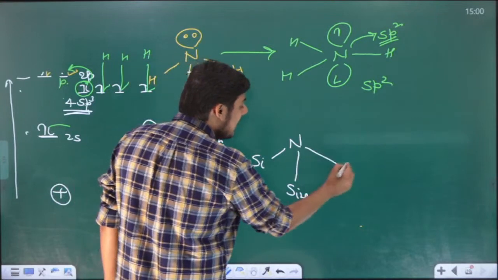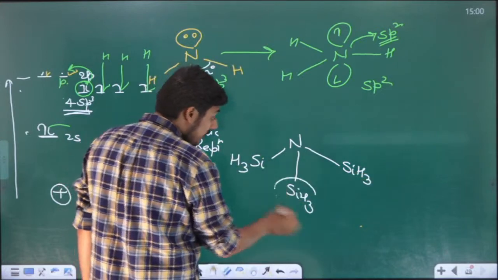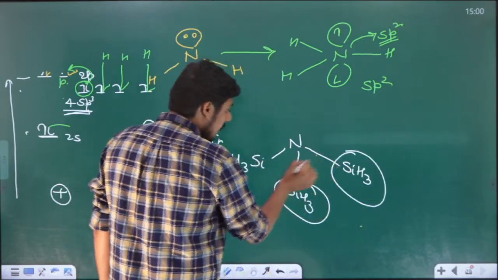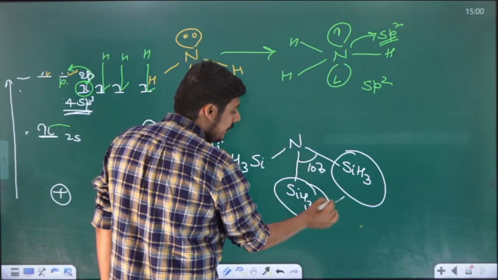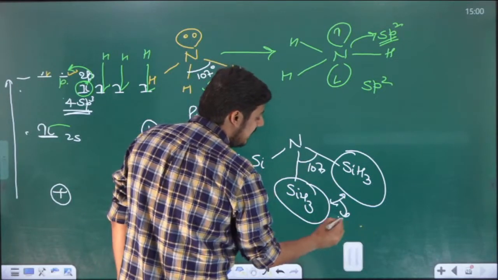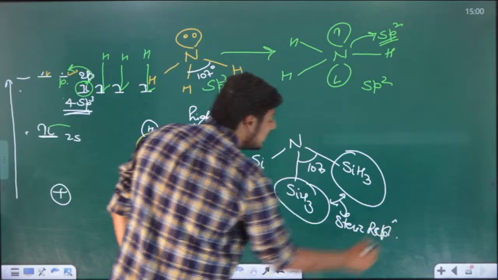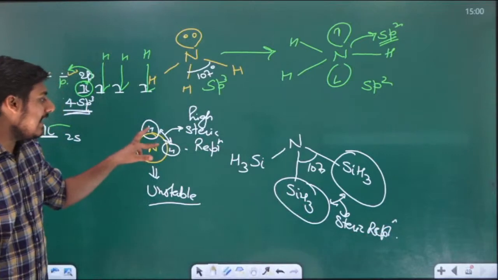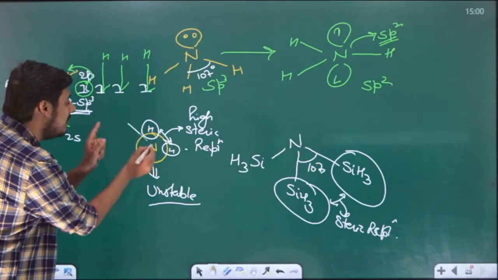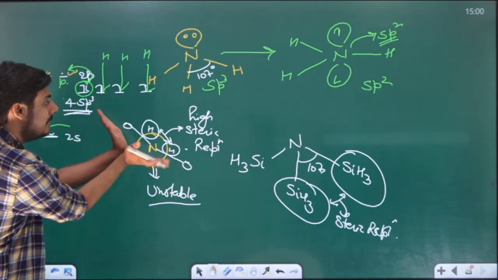When such a big surrounding group comes, this 107-degree angle will not be capable of reducing the steric repulsion. Here steric repulsion will be high. Imagine this: hydrogens were small, at 90 they were repelling, at 107 they were not repelling, they were at some larger distance.